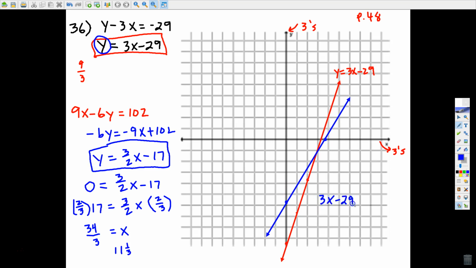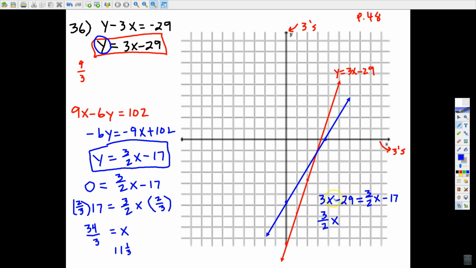3x minus 29 is equal to 3/2 x minus 17. And we're going to solve for x. Okay, so just think of this as 6/2, 6 over 2x, that's 3. 6/2 minus 3/2, because we're going to subtract 3/2 x, and that is 3/2 x.